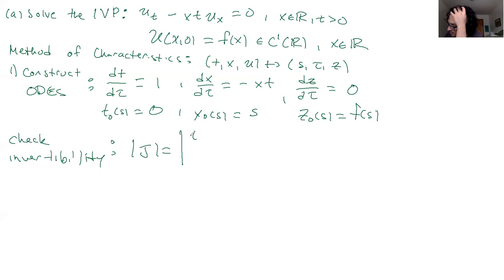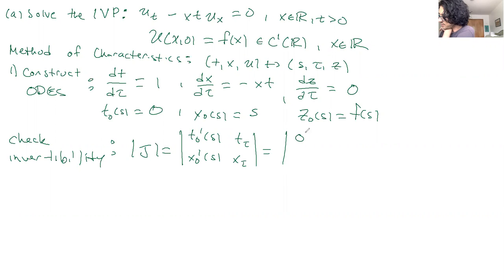So remember that, like this, T sub tau, T0 prime of S, and x0 prime of S and x sub tau. Okay, so in our case, T0 prime of S is just 0.